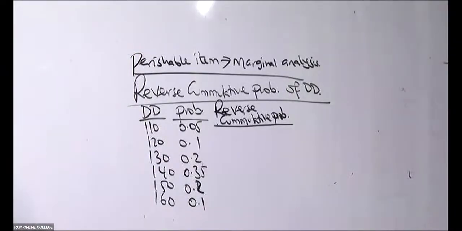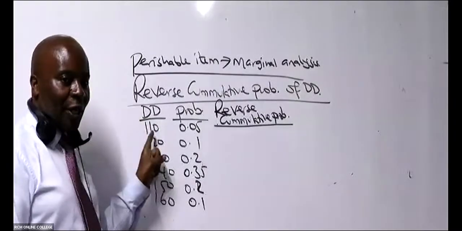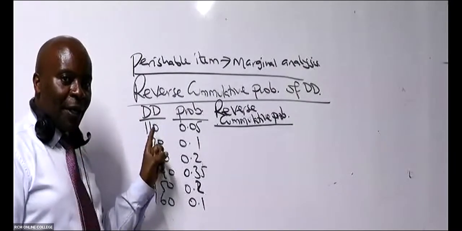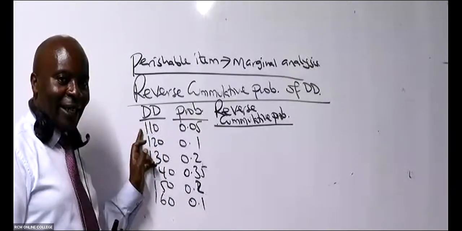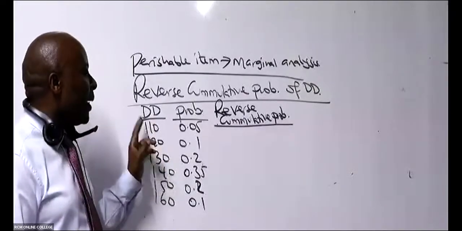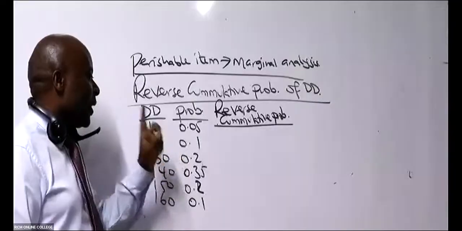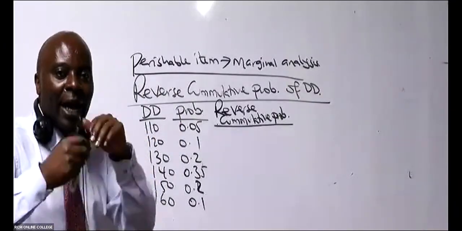So you see, ladies and gentlemen, if I bring this lowest demand value, 110, then I'm assured of selling everything. Because the very least demand is 110. So if I supply 110, then I'm assured of selling. If 110 customers come, I sell all the 110. If 120 come, I sell 110 and disappoint 10.